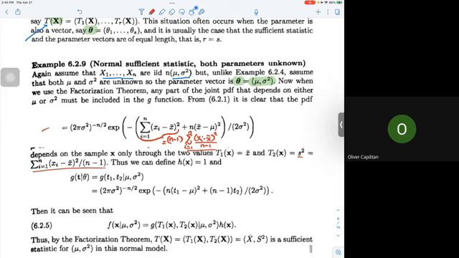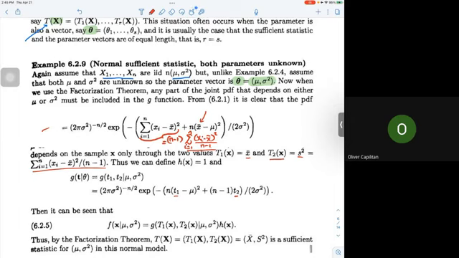But we let it be the observed value of t sub 2 of the sample. We denote it as t sub 2. Then this now is the sample mean, t sub 1.